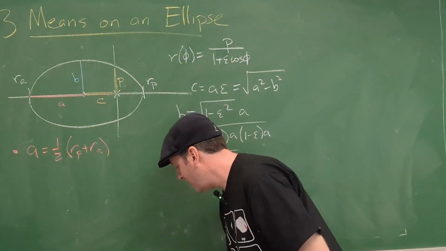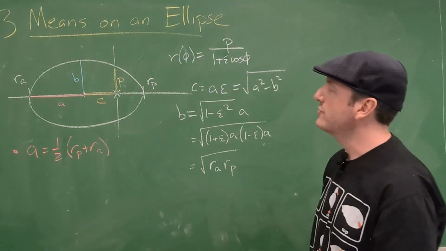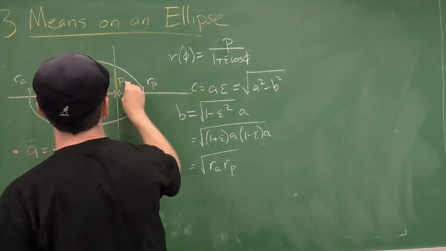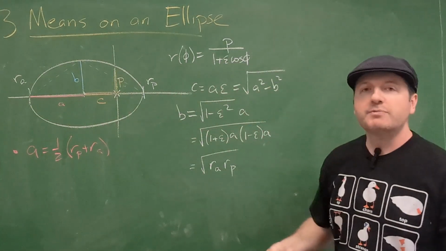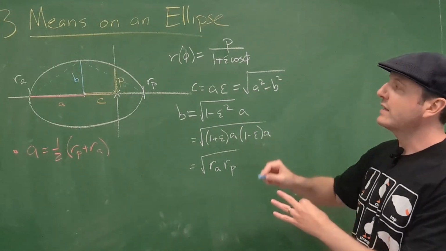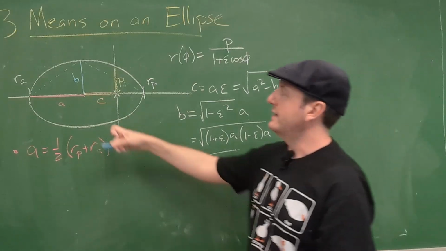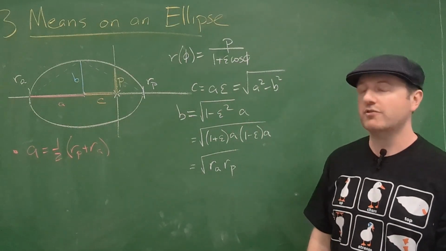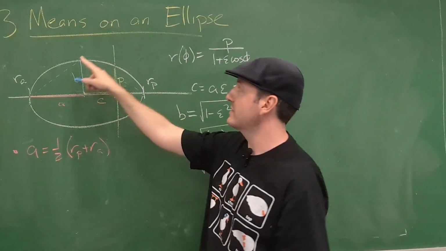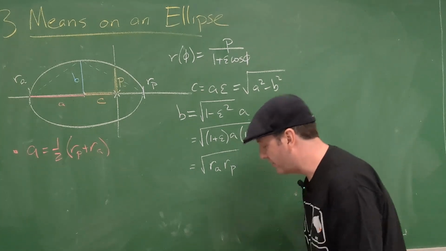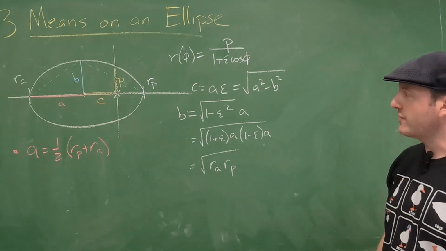And it maybe isn't so surprising why that should be, if we're thinking of this almost like the elliptical version of a circle theorem that we commonly use, where we can draw an altitude of a right triangle and end up with something involving the geometric mean. That's not what's happening here. I'm not saying this is a right triangle, but it is closely related to a right triangle that could be drawn there. So there's our geometric mean.